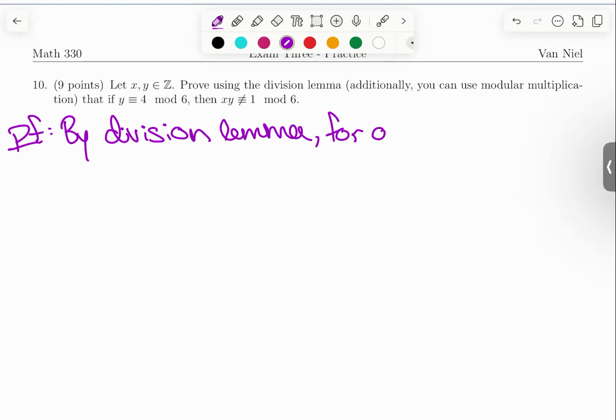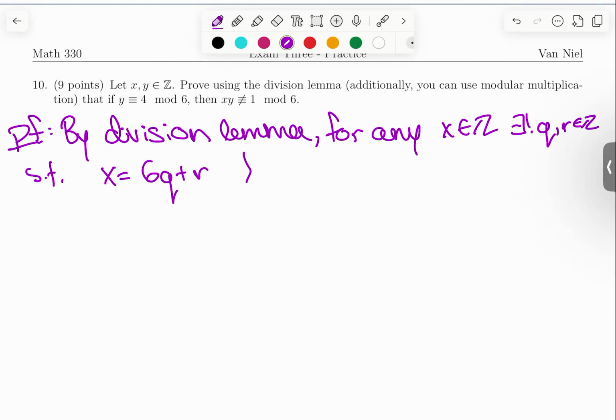For any x in the integers, there exists unique q and r in the integers such that x equals 6q plus r for 0 less than or equal to r less than 6.